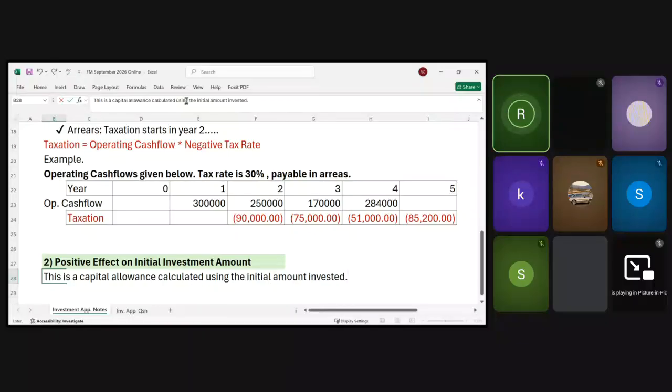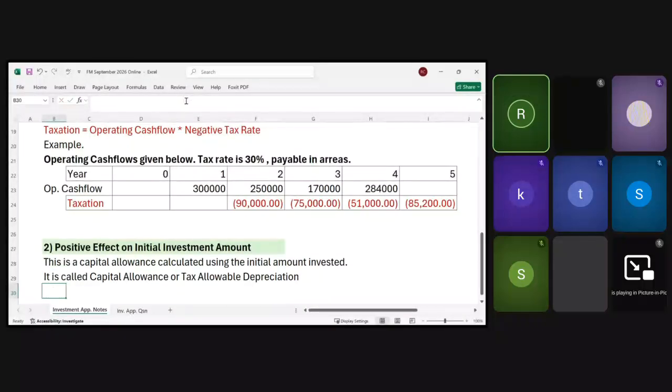It is called capital allowance. We can call it capital allowance or tax allowable depreciation. That is what we call it.